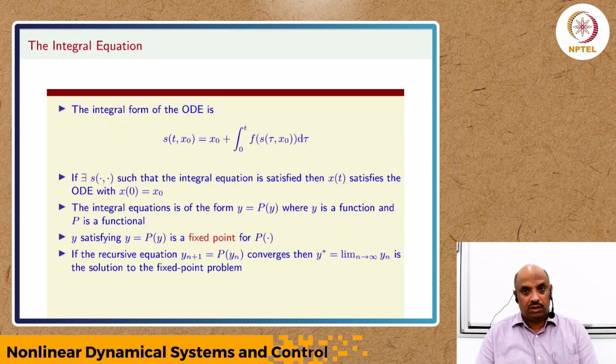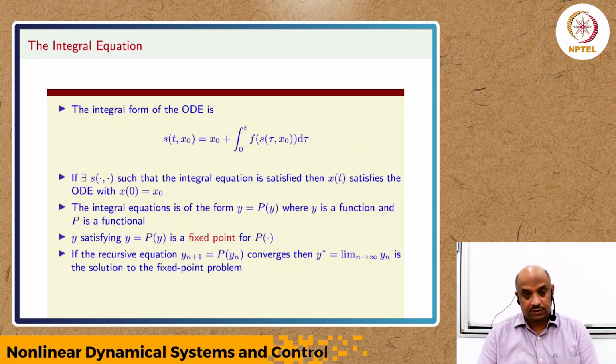One standard technique, not the only technique, to solve fixed point problems is to write y equals p of y as y_{n+1} equals p of y_n, since we know what p is, and then maybe start off at some initial condition y0 and apply this iteratively and hope that it converges. One can actually show, depending on the conditions on p, that if such an algorithm converges, it converges to a fixed point.